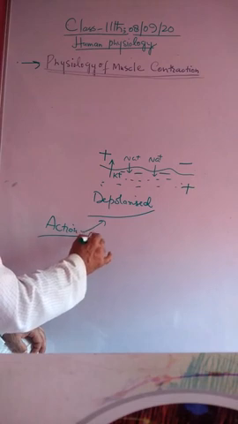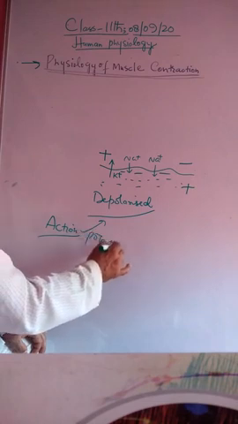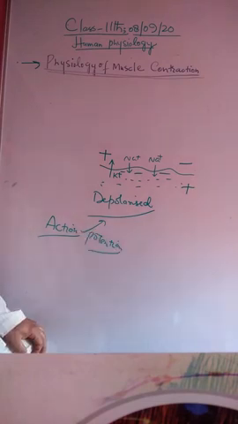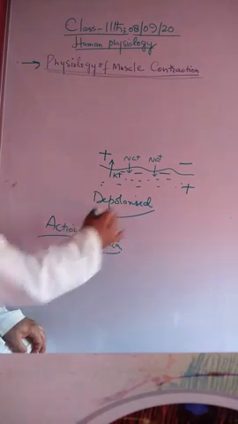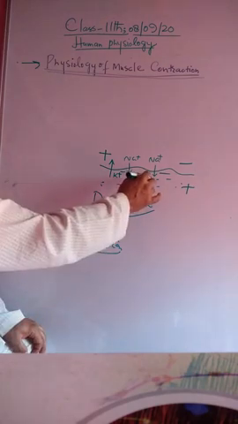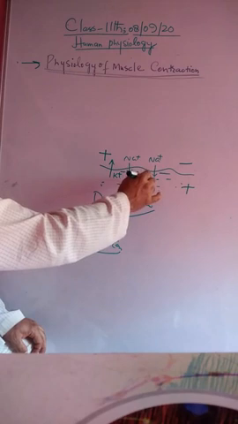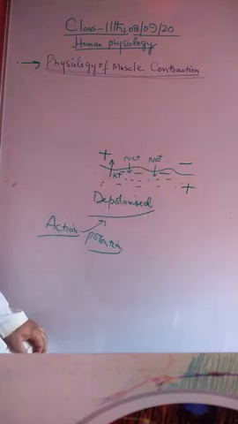This is called the action potential whenever there is a stimulus, artificially or by a nerve impulse. The action potential is a signal for contraction. This action potential leads to the response, and the response is the contraction of the muscle.